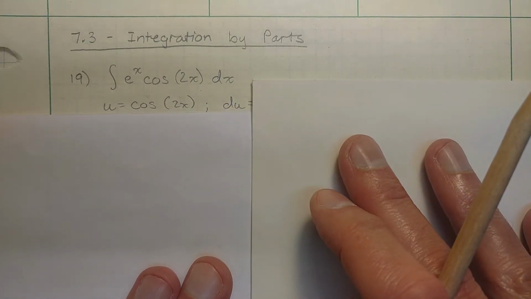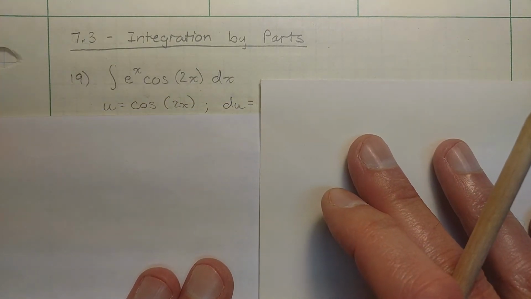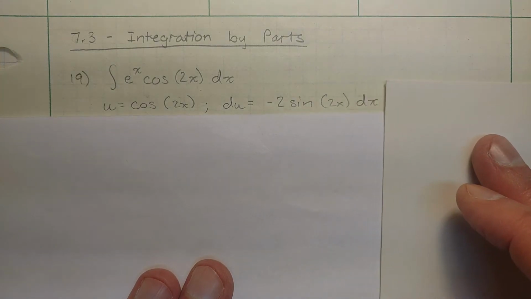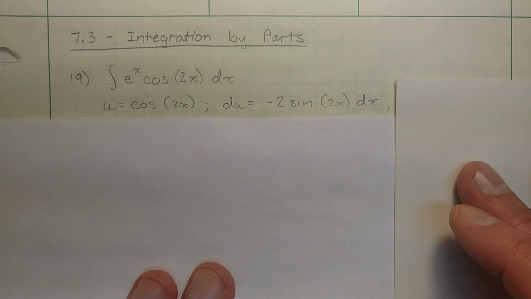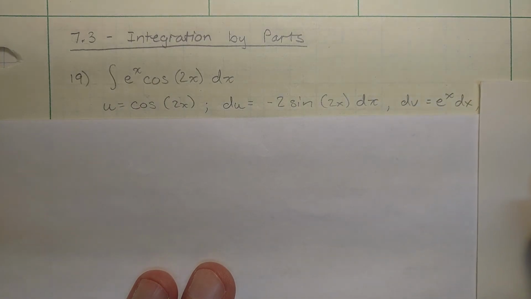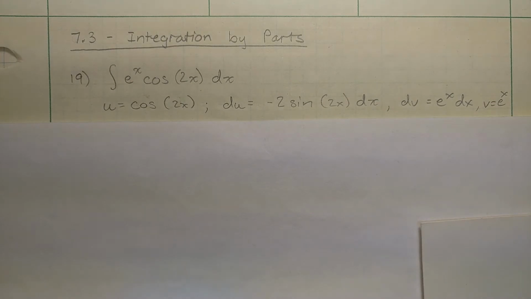So here I'm selecting my u as the cosine of 2x, which makes my du, when I take that derivative, negative sine of 2x. And then my dv becomes e to the x dx, and that makes my v just e to the x. So I think that's easier, but you could do it the other way.